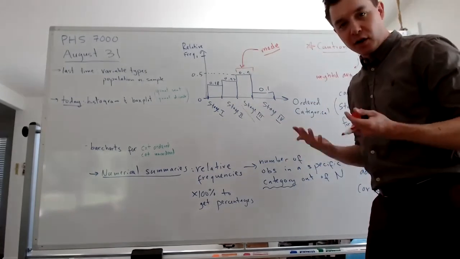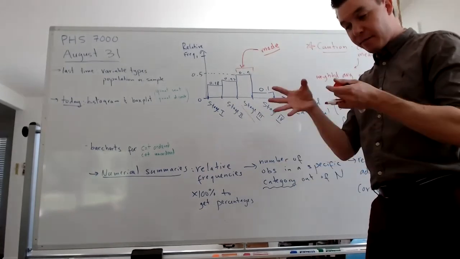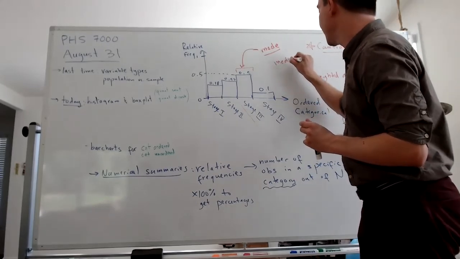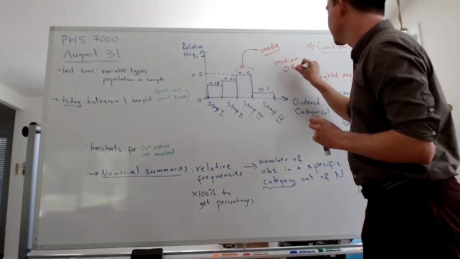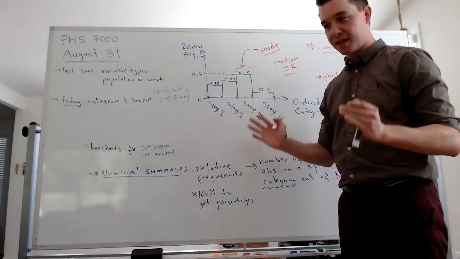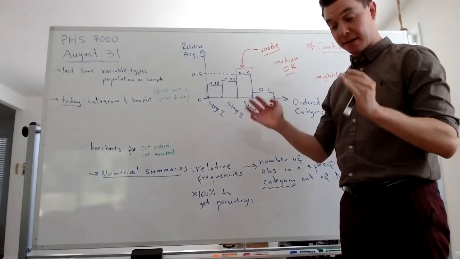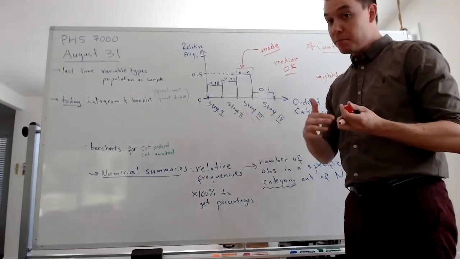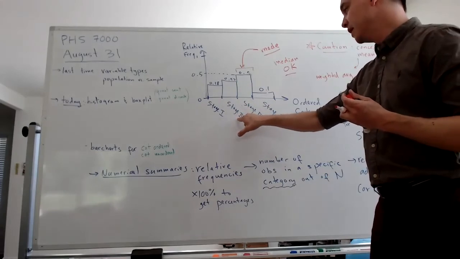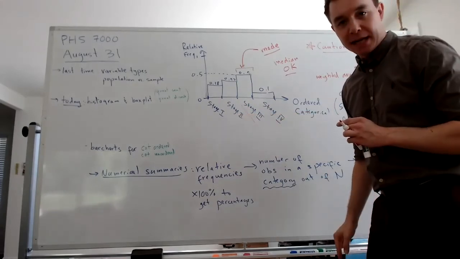The median might also apply, right? The median is just the middle data. Median is also okay because it is just the stage that leaves 50% of the data below itself and 50% of the data above itself. It's the median stage. Probably the median stage would be either stage 2 or stage 3.